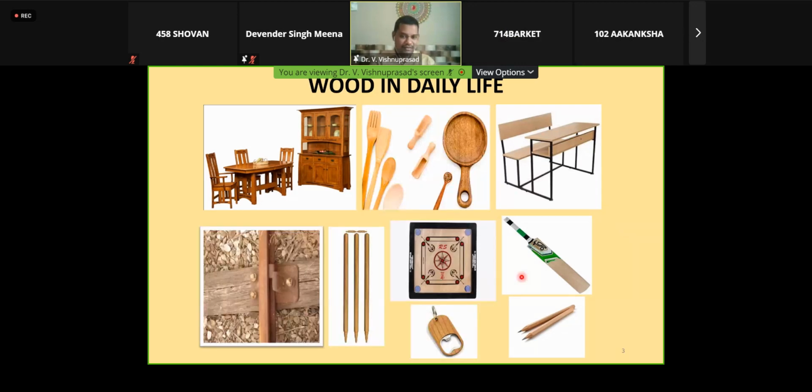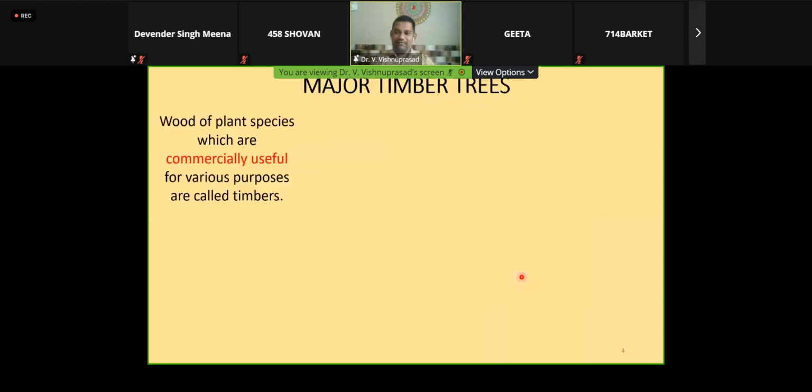When it comes to wood, another correlated word that comes to our mind is timber. Again, it's not a new term for everyone. We know what a timber is, right? When we saw the different examples where wood is used in everyday life, another point that must be remembered is that you cannot use any species of wood for any purpose.